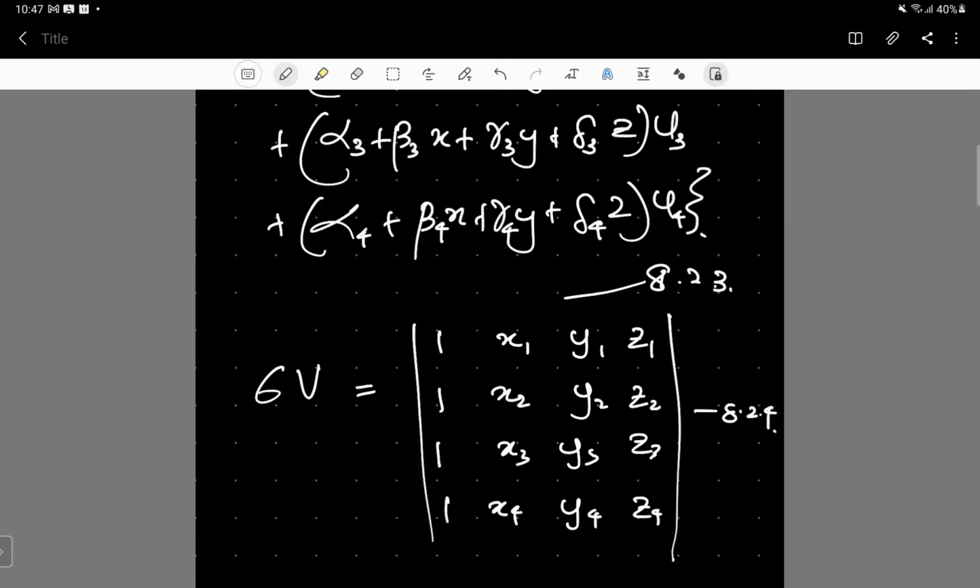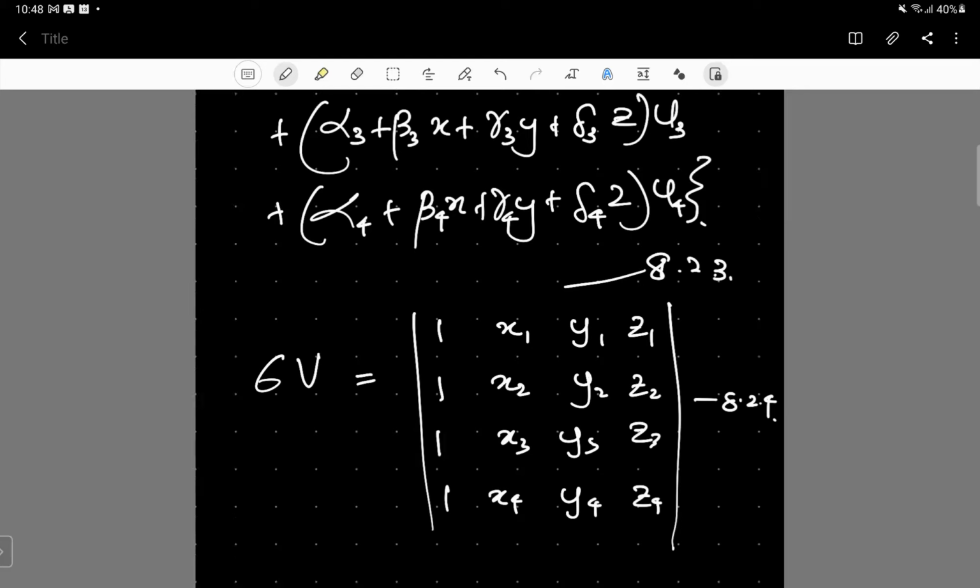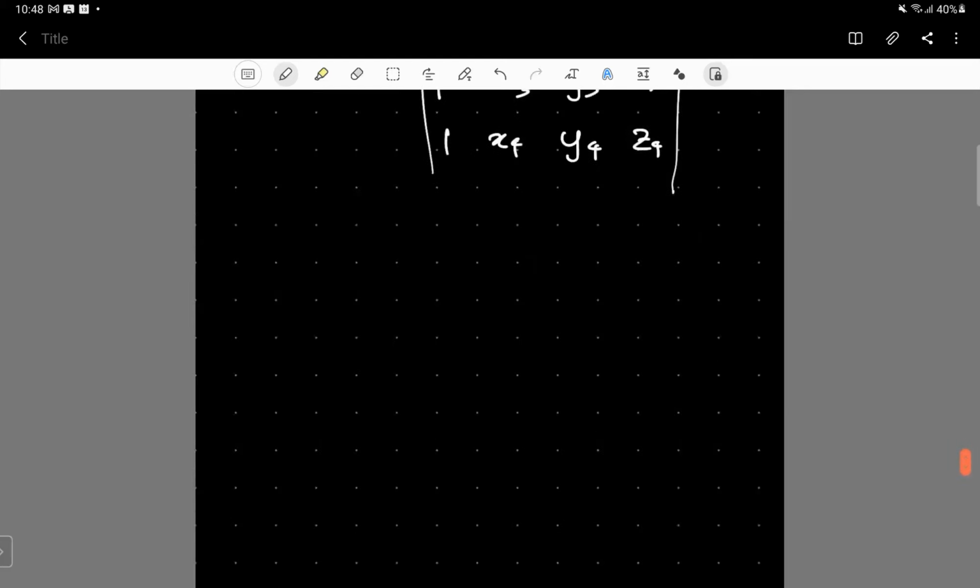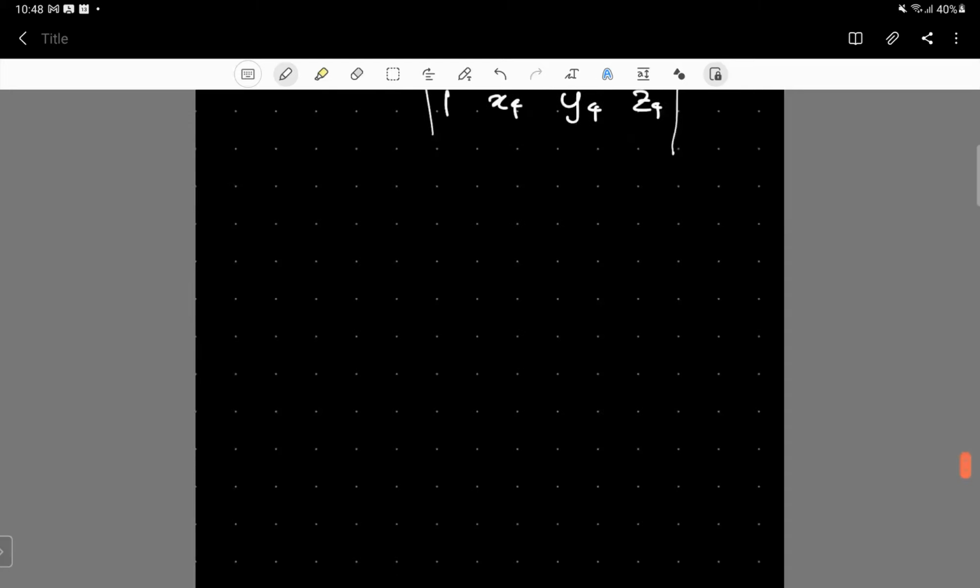Here, we define the volume of the tetrahedron, of course, and the coefficients alpha I, beta I, gamma I, and delta I are also functions of the known nodal coordinates. For example, I will write it for alpha 1, and the remaining terms I will give you in the material which I will be providing.